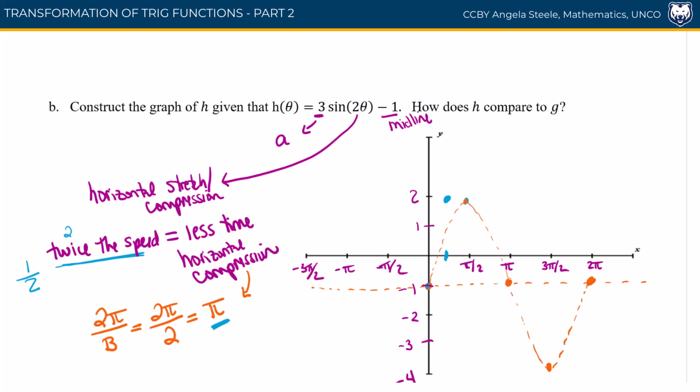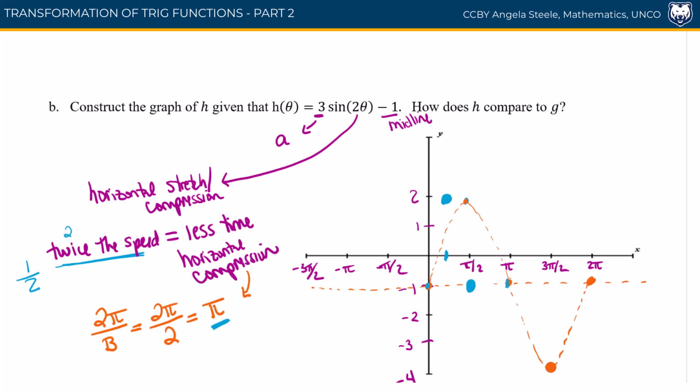Okay, let's go to the point at pi. Again, we want half of the distance. There are 2 tick marks to get to pi, so 1, 2, and we want half of that distance. That is going to be a new point. I'm going to make these points bigger.